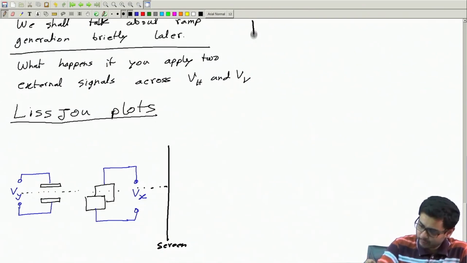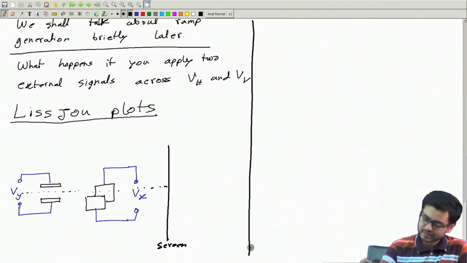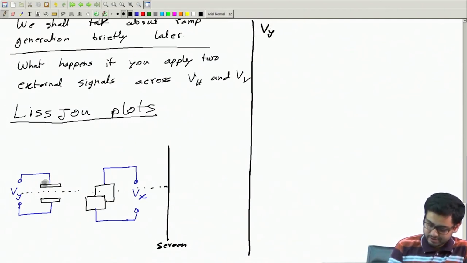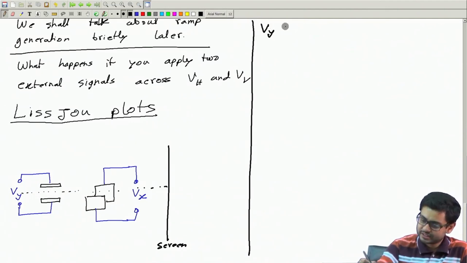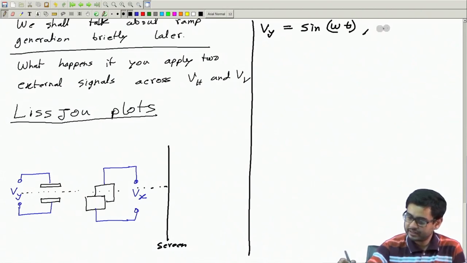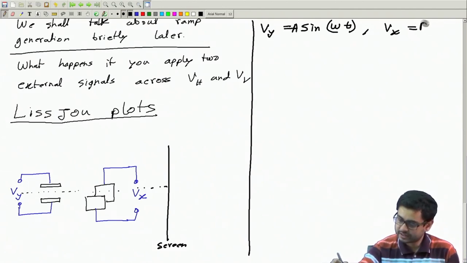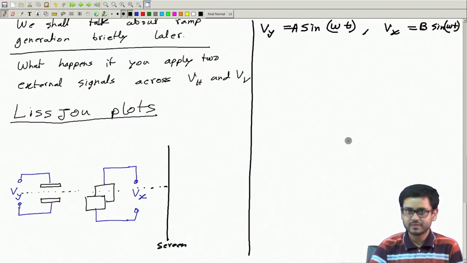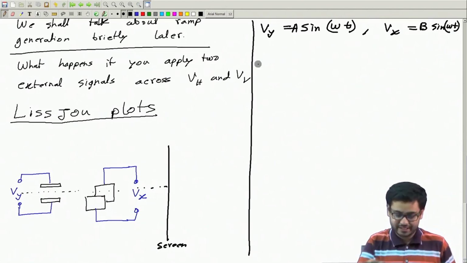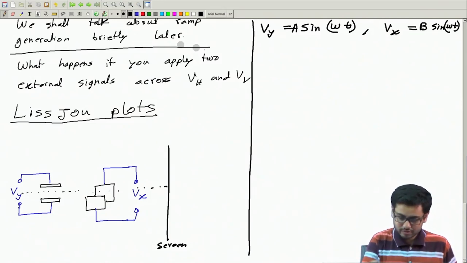Now, suppose I tell you that Vy is given as, say, a sin omega t, and Vx is equal to b sin omega t. Then how will the display look? Let's see.